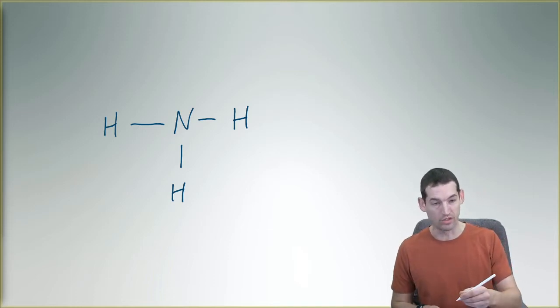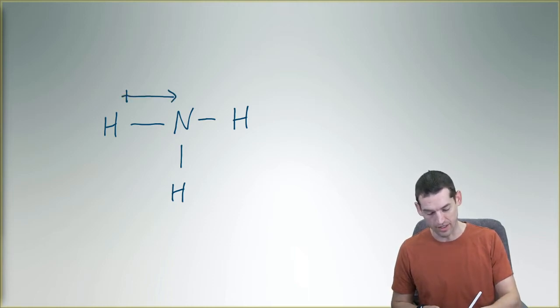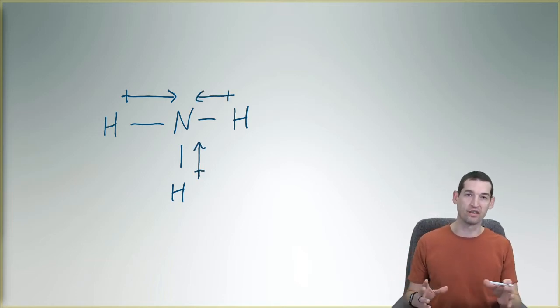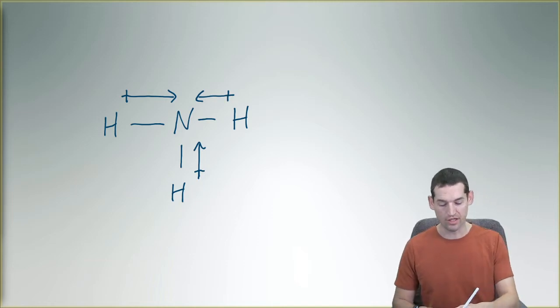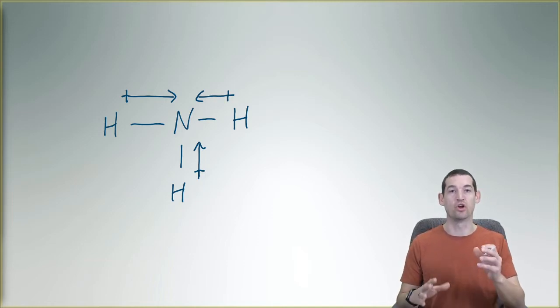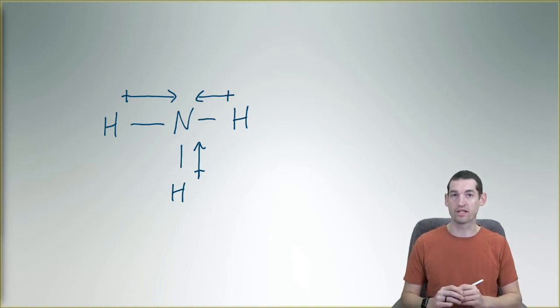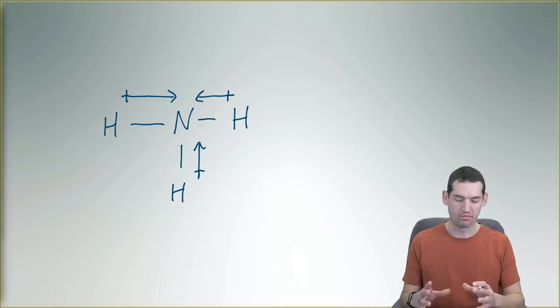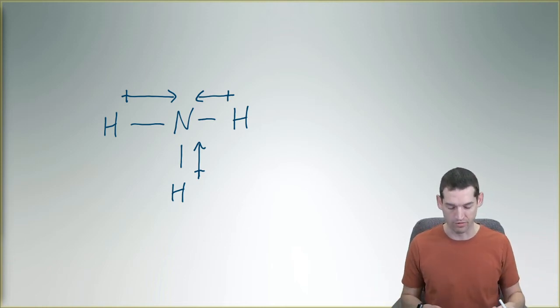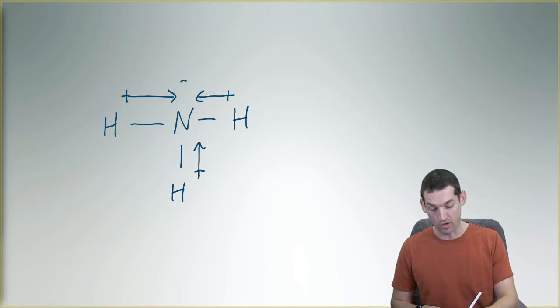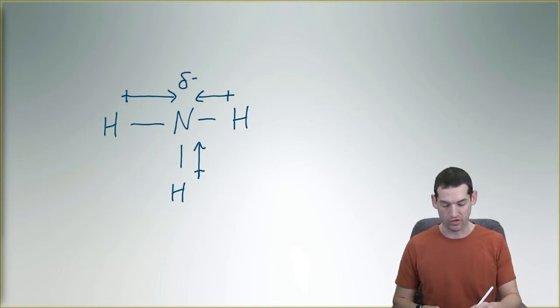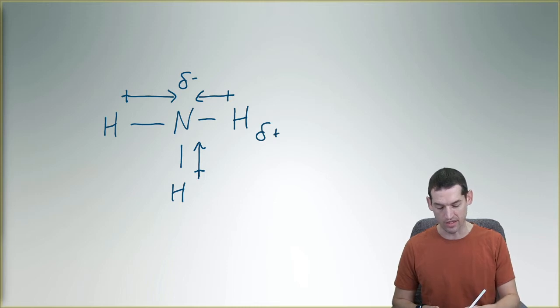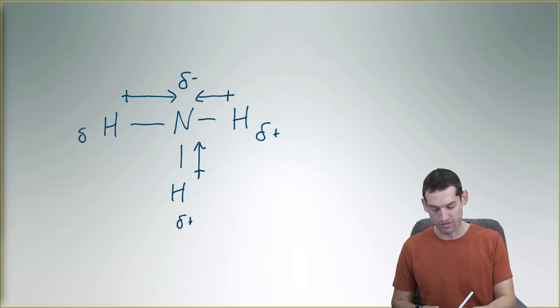So in Chem 20, we would have drawn these kind of like this. That there are these unequal sharing of electrons. So the electrons spend more time around the nitrogen always. Not just a temporary thing, but it depends on the molecule, but let's say 70-80% of their time around nitrogen rather than hydrogen. That means that the nitrogen will always have a slightly negative charge, and each of these hydrogens will always have a slightly positive charge.